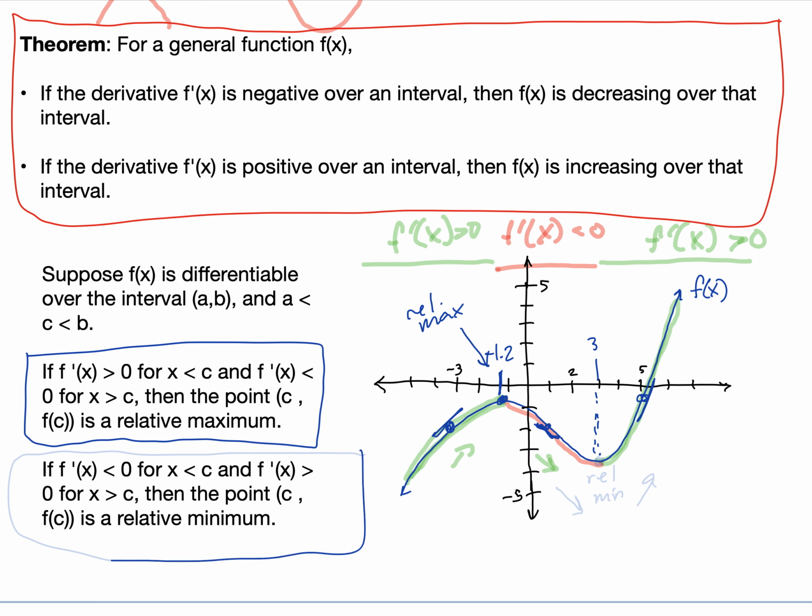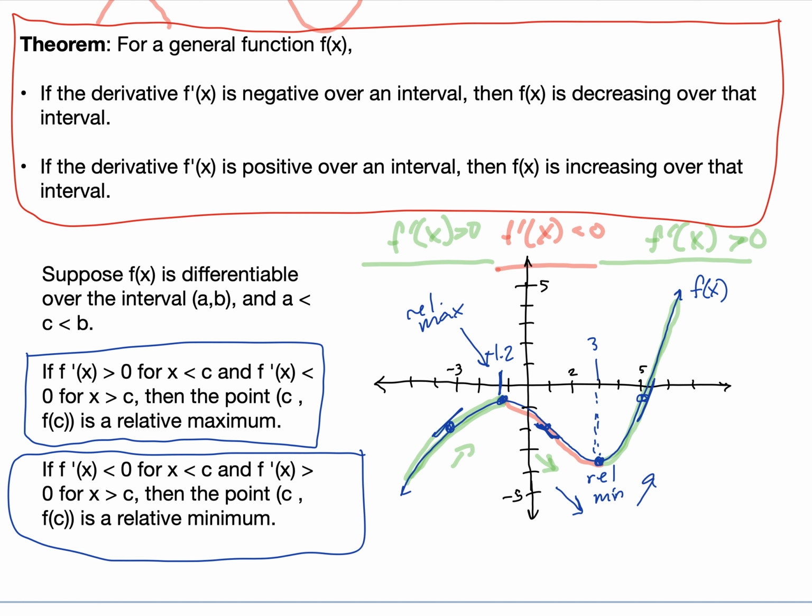If f prime of x is less than 0 for x less than c, and f prime of x is greater than 0 for x greater than c, then that point in the middle is a relative minimum, as we see over here. So the derivative was negative, and then the derivative is positive again. That point c, f of c right here is a relative minimum.